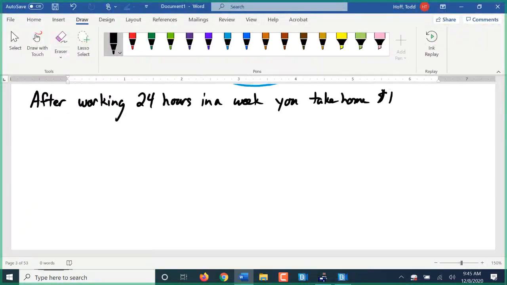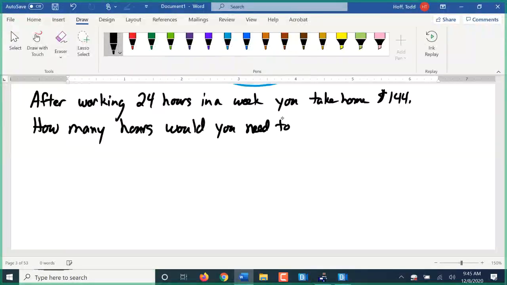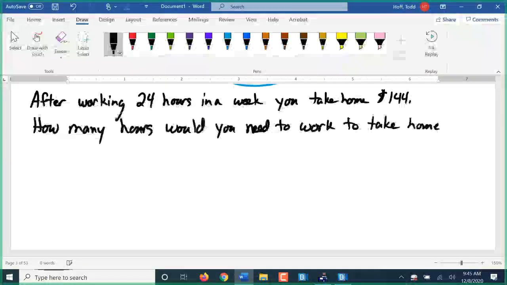Let's do $144. How many hours would you have to work, assuming your tax rate stays the same, to take home $240?